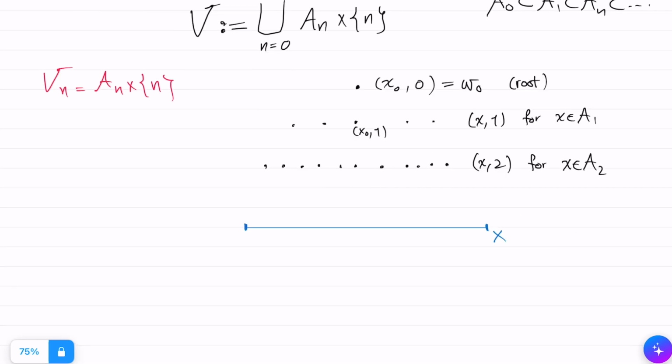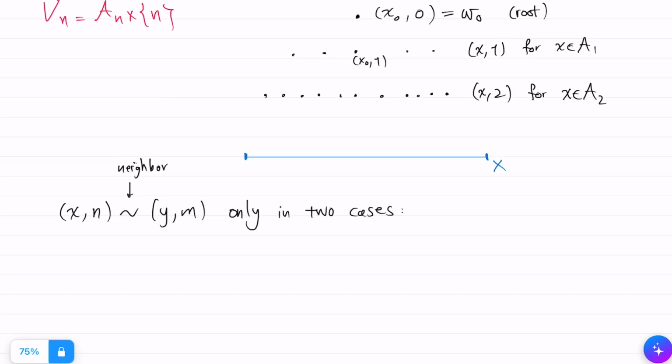What edges are inside my graph G? Okay, x at level n can be a neighbor of y at level m only in two cases. Case A: n minus m is equal to 1 in absolute value.